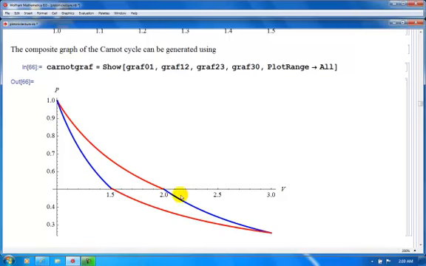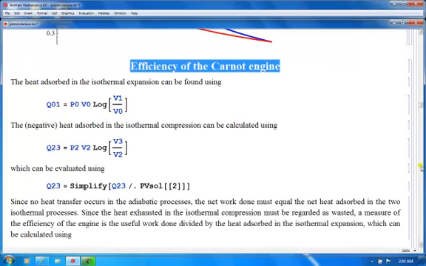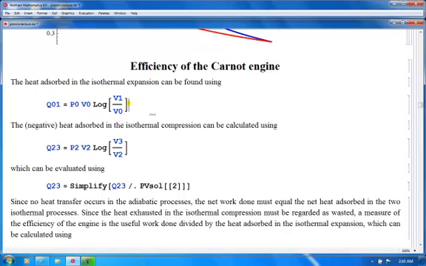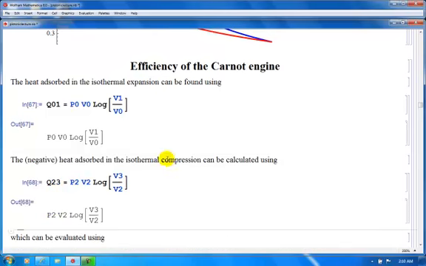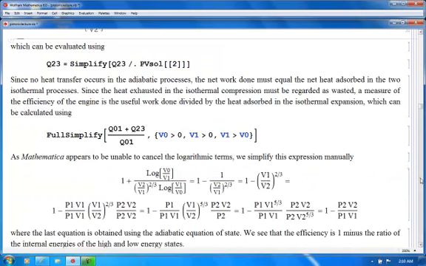So we can define the efficiency in terms of the heat absorbed and emitted. The heat absorbed in the isothermal expansion is that, and the negative heat absorbed during the isothermal compression is that, and that can be evaluated by putting in the solution.